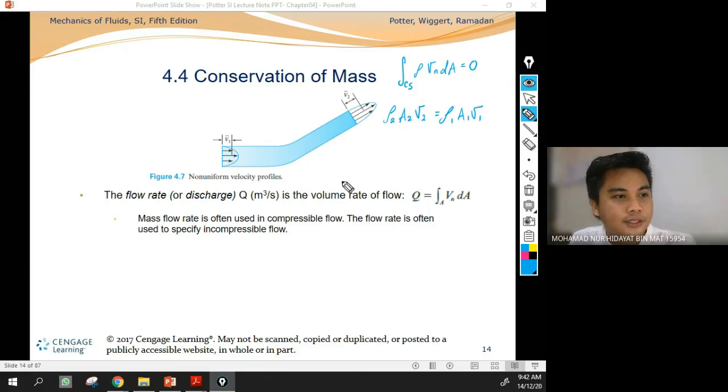So if this is considered incompressible, you can see the density 1 equals density 2. It cannot be compressed.